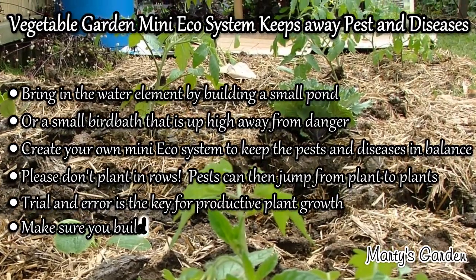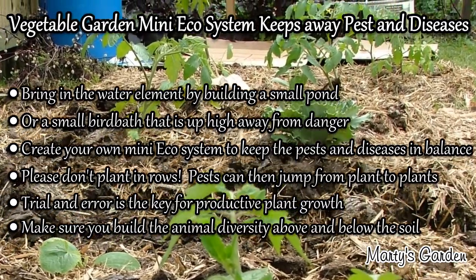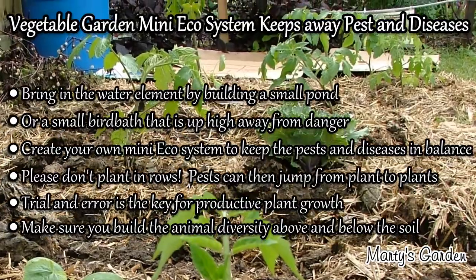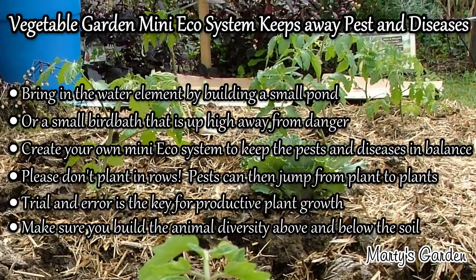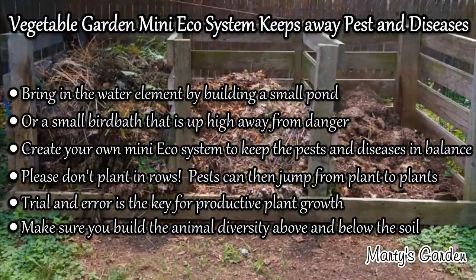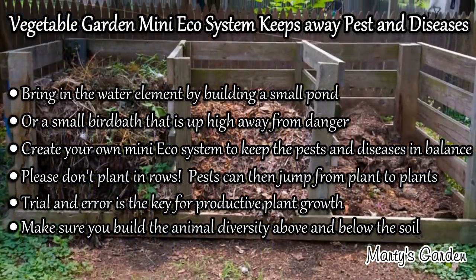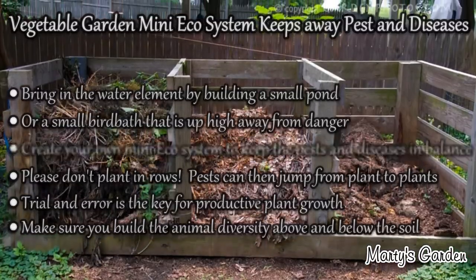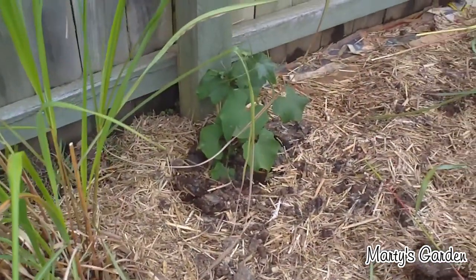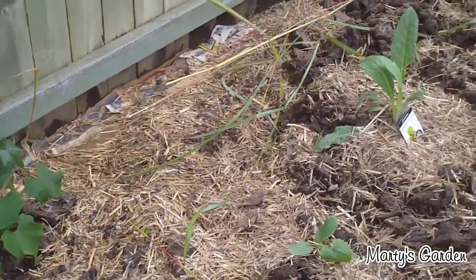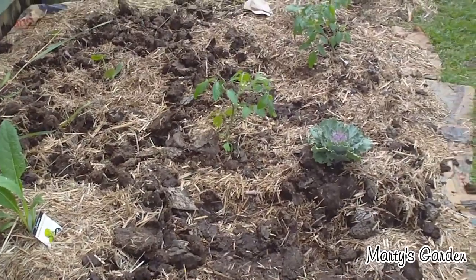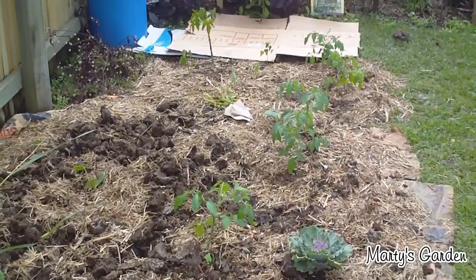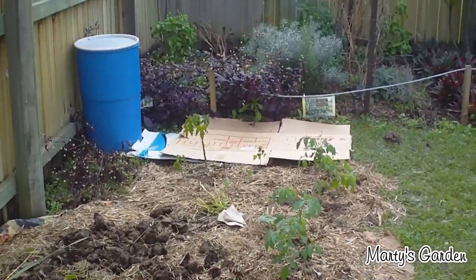Now build it up over time, and remember that you need lots of worms in there, lots of microbes, so there's not only animal life above the soil, but down below in the compost, in the mulch, in the soil profile, all doing that work for you. So consider how you can create your own little mini ecosystem over time, and you will end up having your own companion garden, organic garden, whether it's fruit trees, herbs, vegetables, whatever you want to grow.